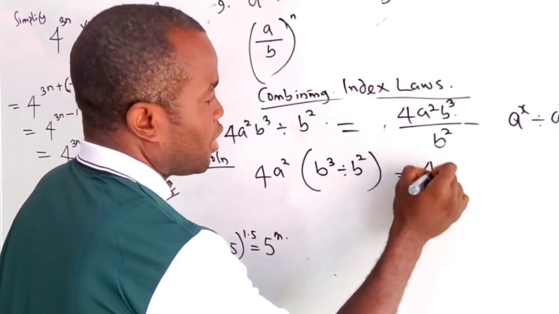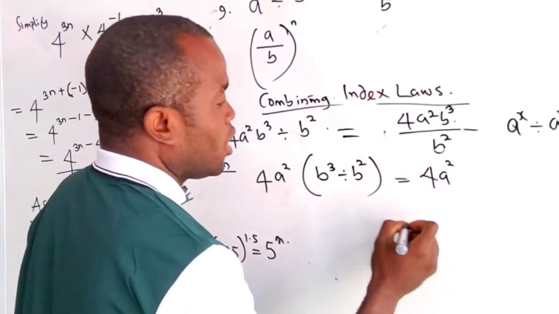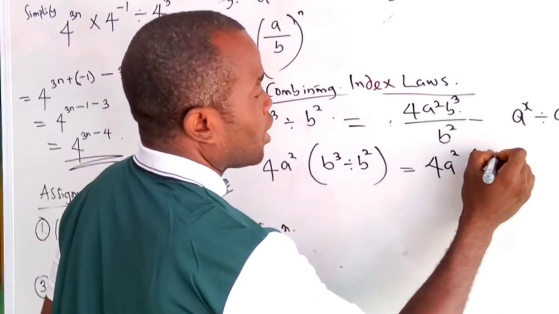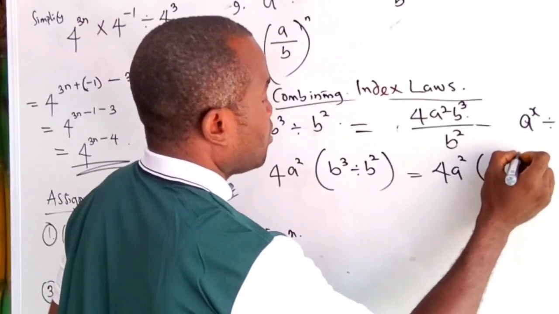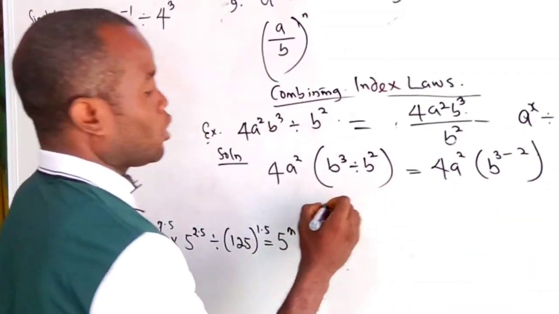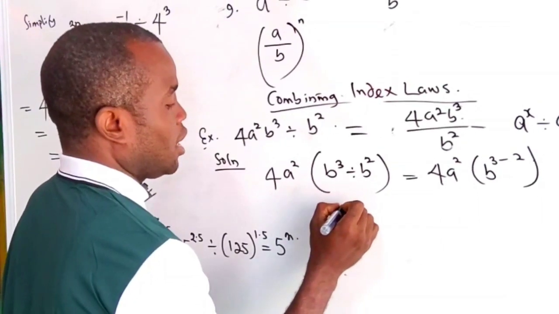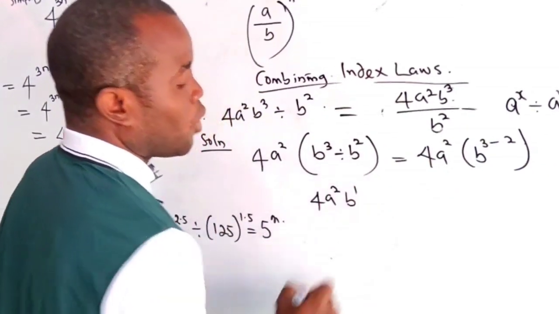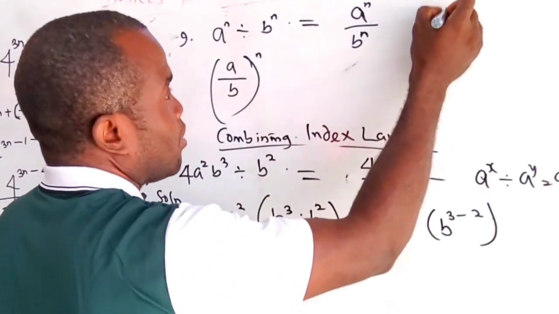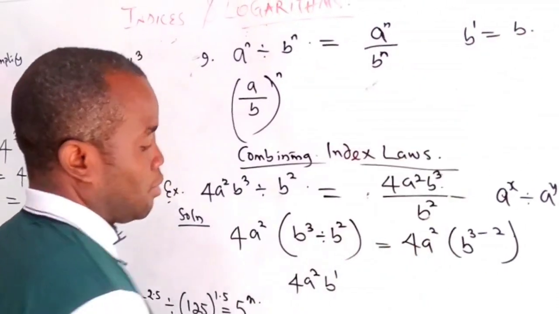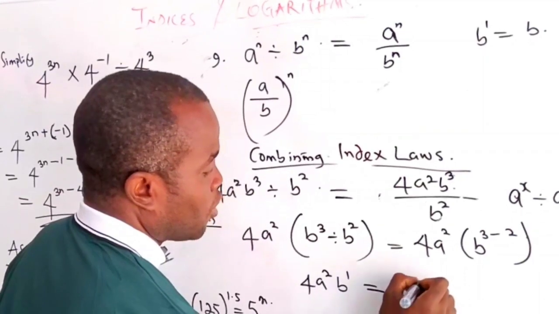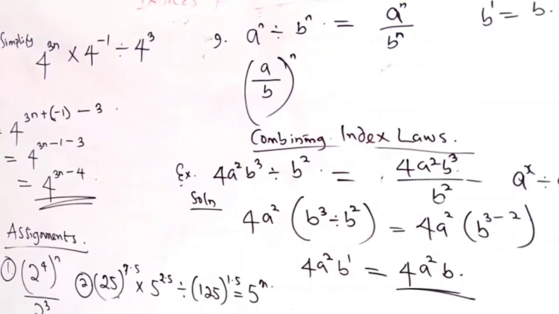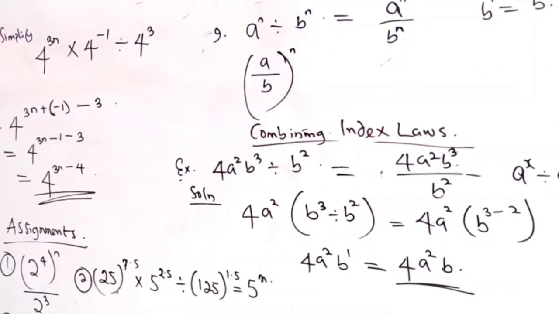So this is 4a raised to power 2, b raised to power 3 minus 2. So this is 4a raised to power 2, and b raised to power 1, which is the same thing as b. So this equals 4a squared b. All right. So that's an insight on how you solve this.